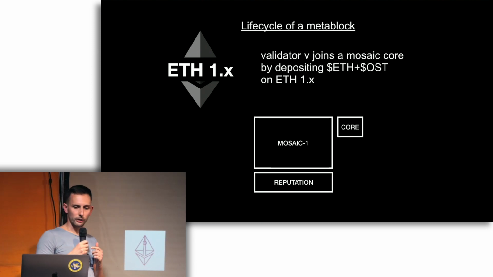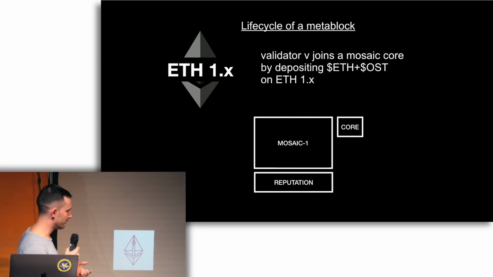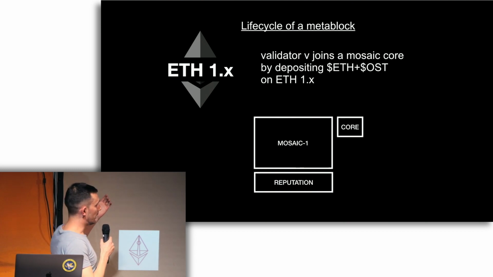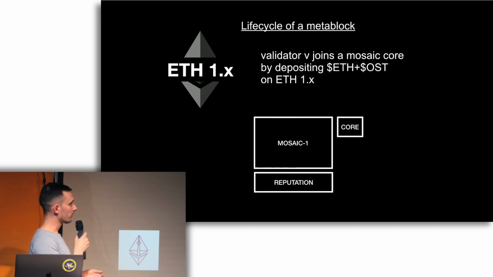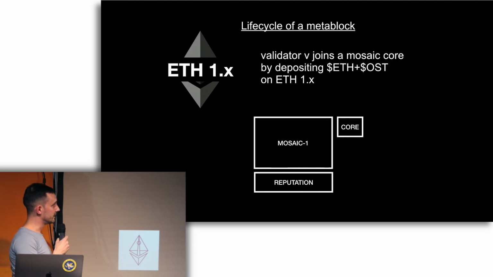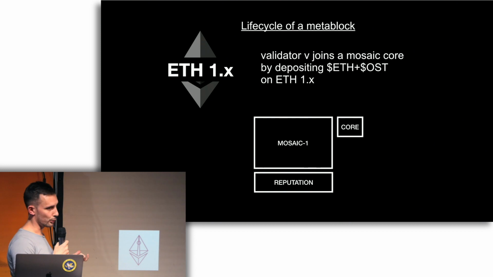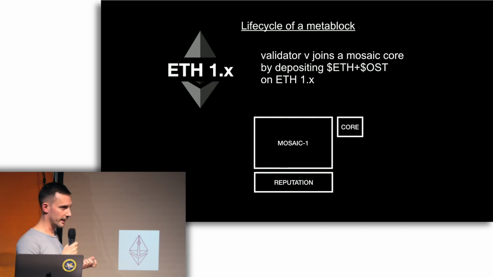And so I briefly want to go over how the contracts work. These boxes are representations of contracts on Ethereum. A validator joins a specific core by depositing both ETH and OST on Ethereum. Initially, this somewhat connects to the previous talk. You need to earn reputation throughout your life as a validator, and the stake itself helps.